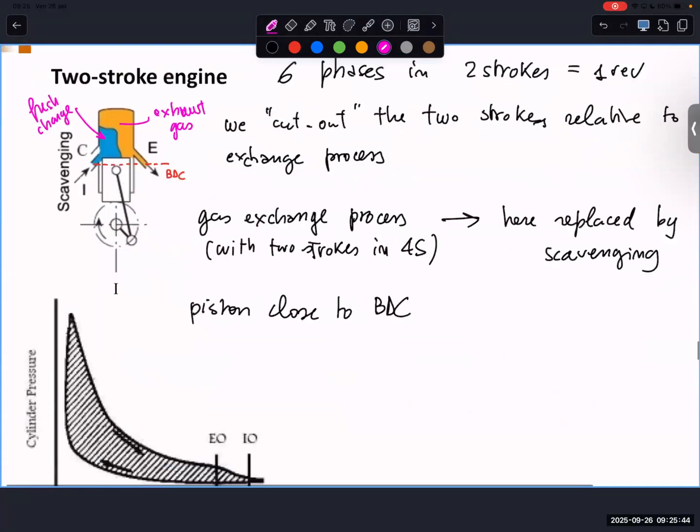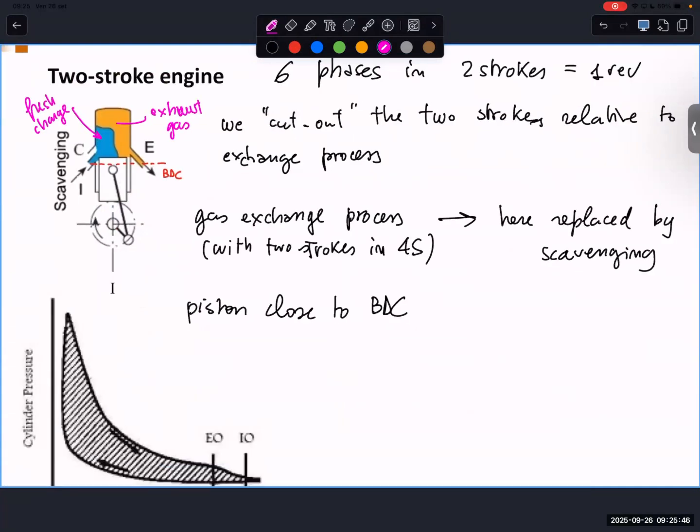And we would like to have the fresh charge entering and pushing out the exhaust gas, considering a kind of imaginary surface that is separating the two gases. So fresh charge is pushing out exhaust gas.